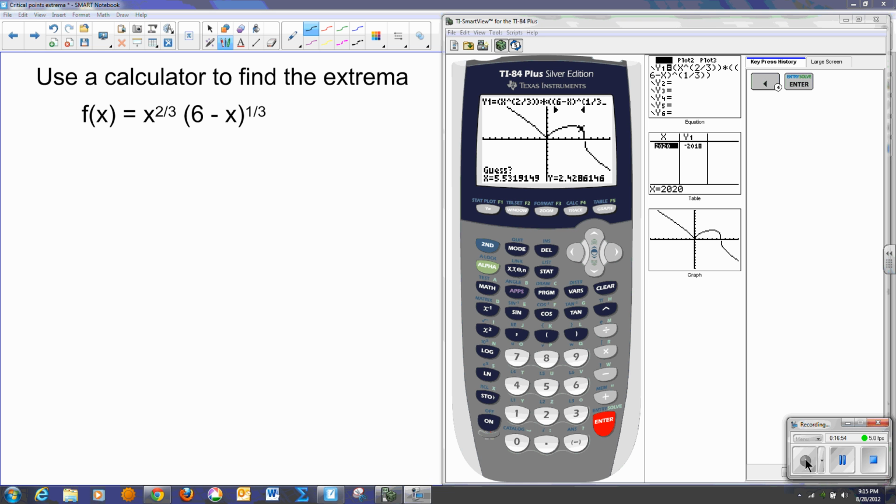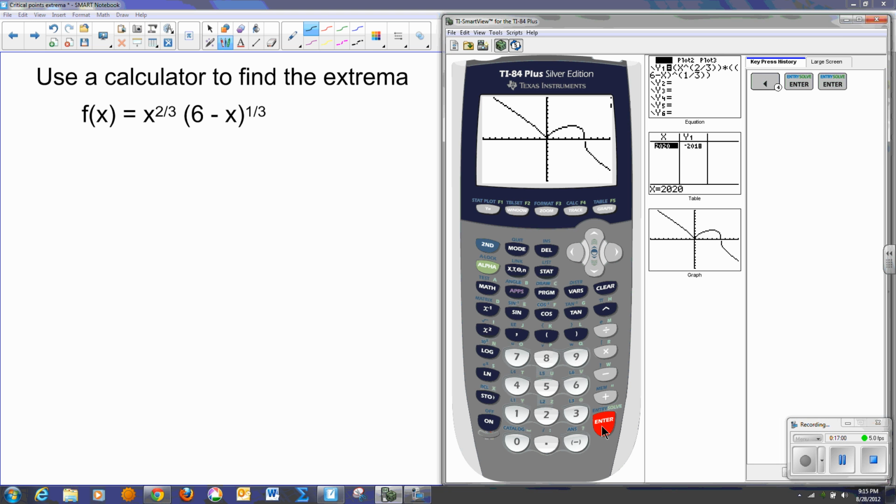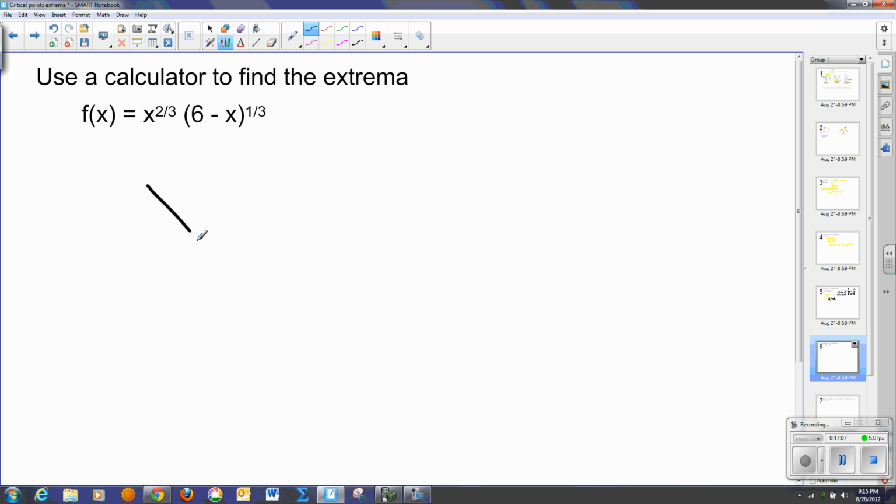All right, so the calculator is back. I hit enter once again, and it calculates that point to be about 4 and 3.17. So if we had a graph that looked like this, the point right here that had the horizontal tangent was 4 and 3.17.